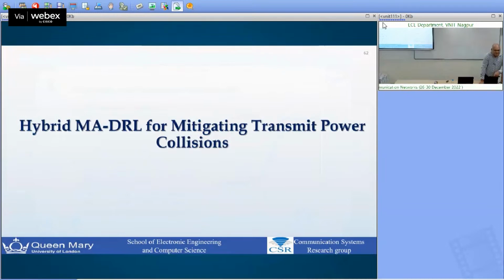Same frequency. One grant-based user and say two or three or a certain number of grant-free users. Here, the grant-free users select one of the power levels from the power pool.